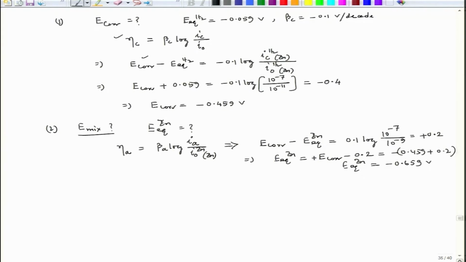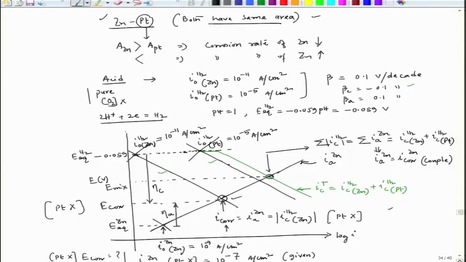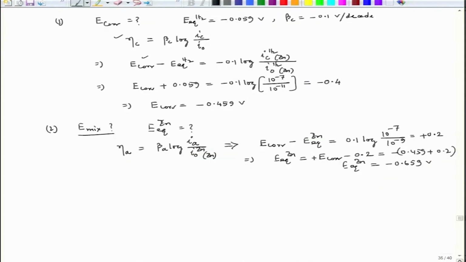Now, interestingly, we have to find out this point, that means E mix we have to find out. So, if we see E mix, let us say some value.